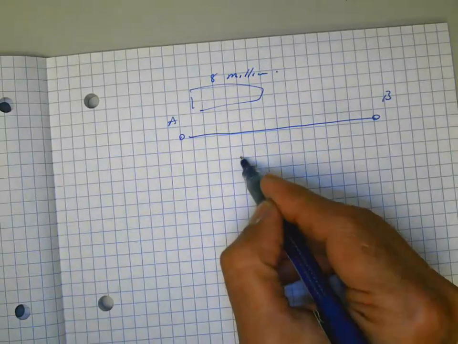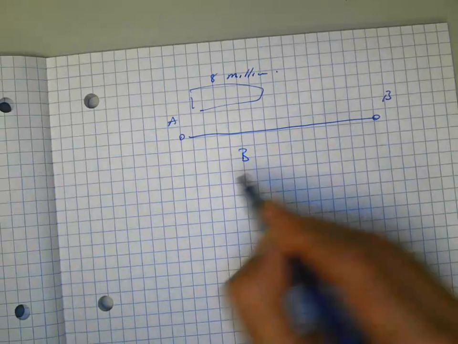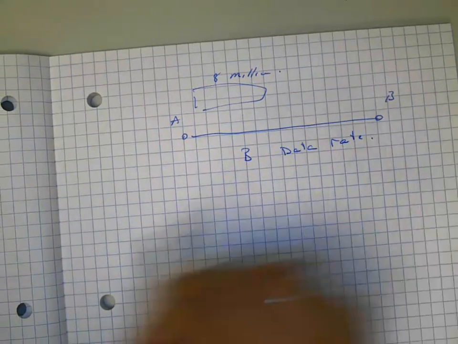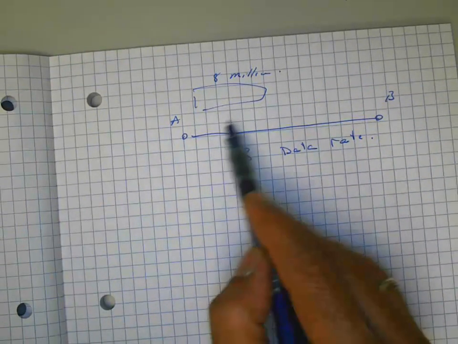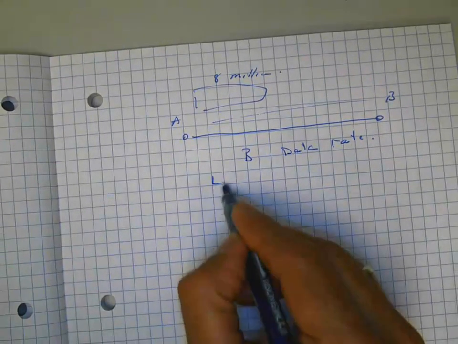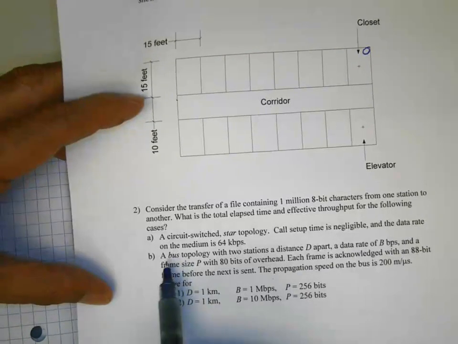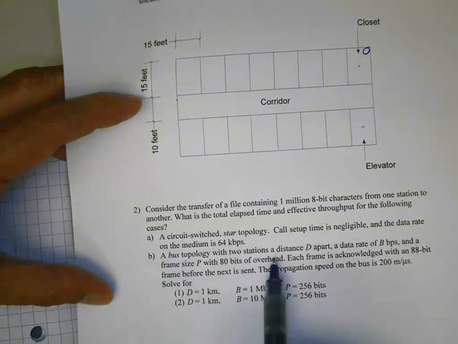And then you have a data rate. So if you divide the length of the message by the data rate, you get basically the answer to that question right away. Now part B says, how about if we have a bus topology with two stations a distance d apart?